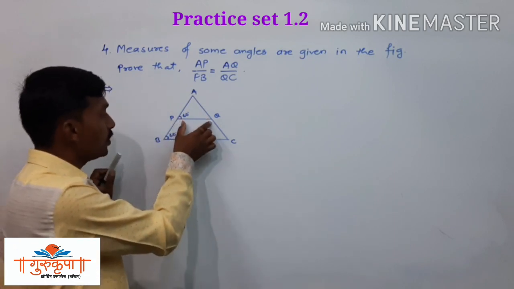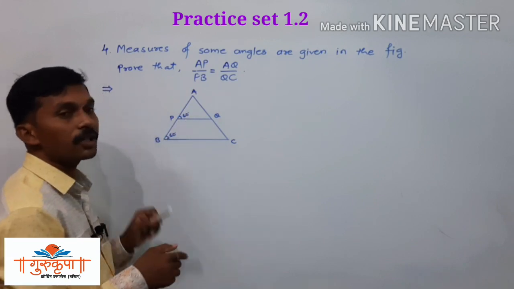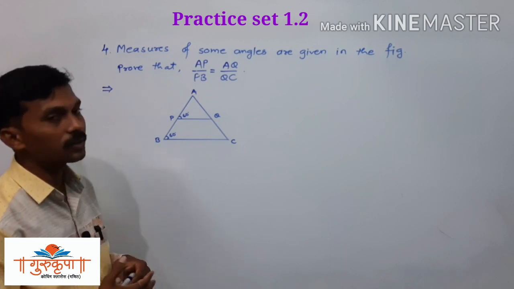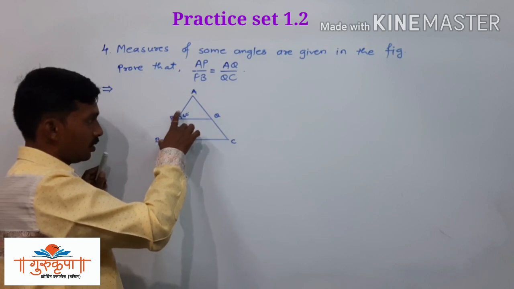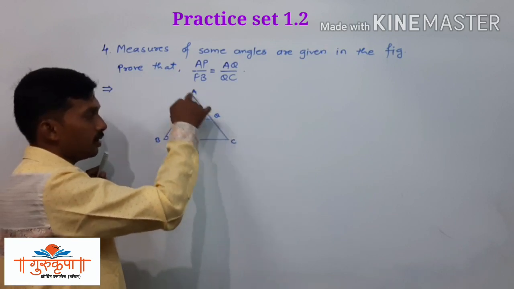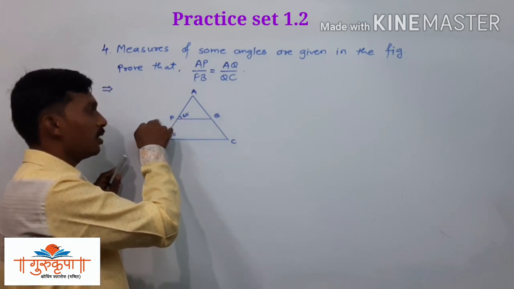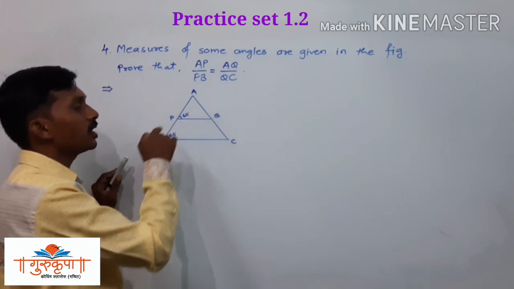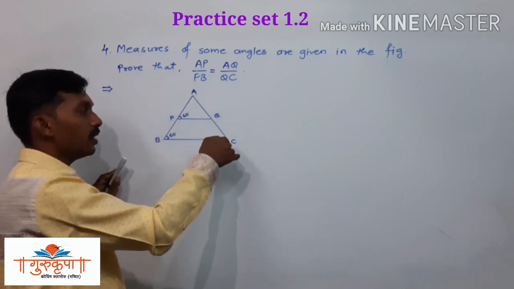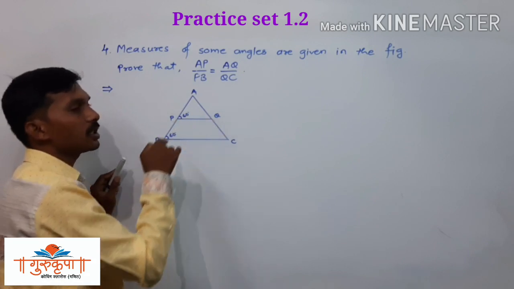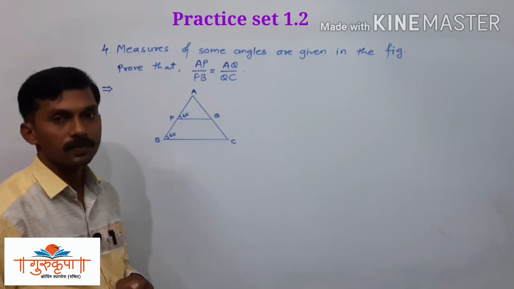So definitely PQ is parallel to BC, since the corresponding angles made by the transversal of two lines are congruent. See, these two lines are AB and AC, and the transversal PQ is intersecting them, and we have to prove that AP upon PB is equal to AQ upon QC.